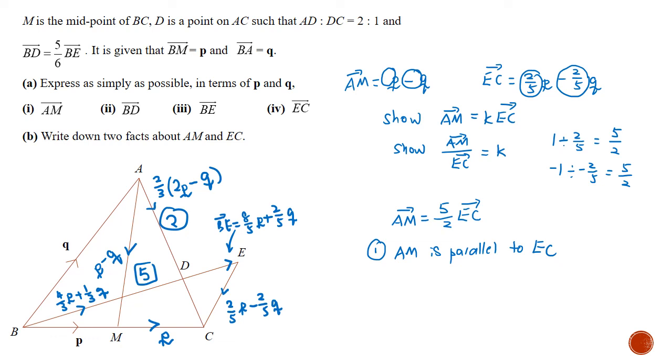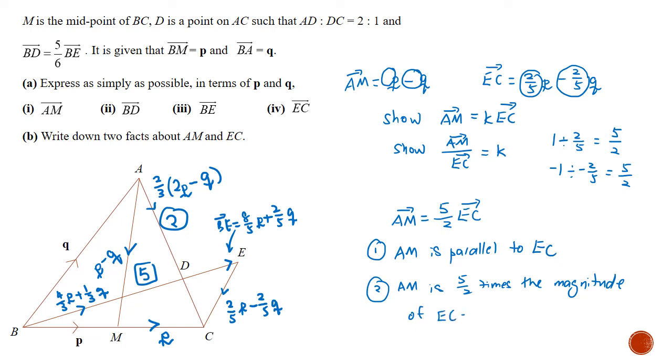The points cannot be collinear, and so AM is parallel to EC but not collinear. Secondly, we know that the magnitude of AM is 5 over 2 times the magnitude of EC.